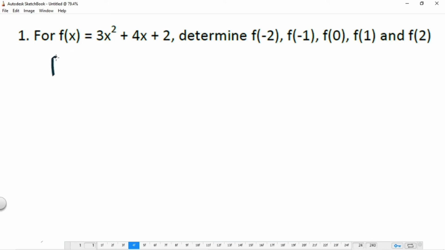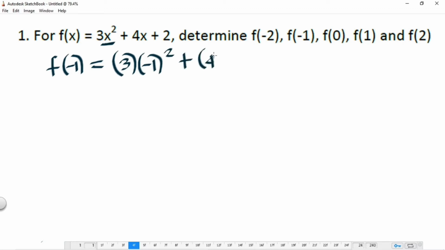Let's move on to f of negative 1. For f of negative 1, the same process, substitute negative 1 to variable x. That will be 3 times negative 1 raised to 2 plus 4 multiplied by negative 1 plus 2. Following the PEMDAS rule, let's immediately solve this problem. The exponent first: negative 1 raised to 2 is equal to positive 1, and then multiplied by 3 is equal to positive 3.